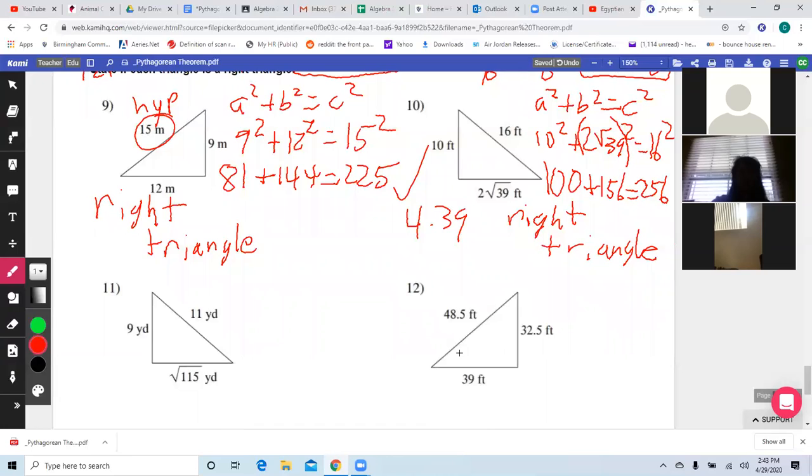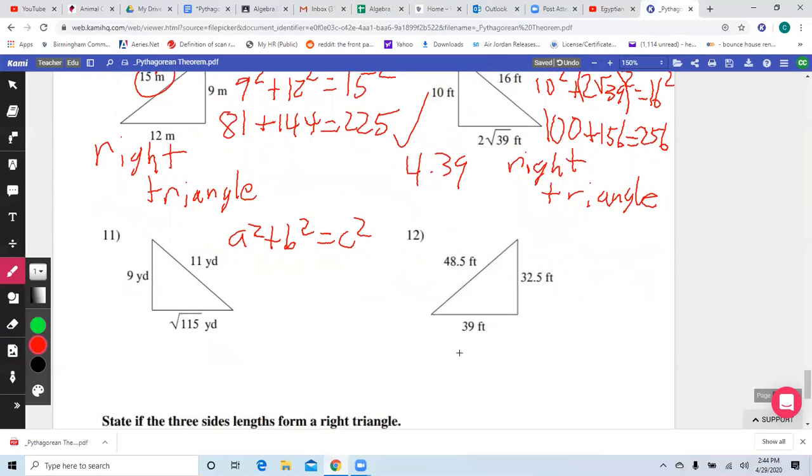Okay. Now I'm going to do one problem where it's not a right triangle so you can see. So for number 11, once again, we're doing a squared plus b squared is equal to c squared. So once again, the hypotenuse is the 11.